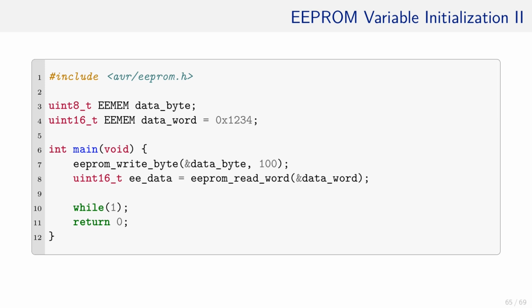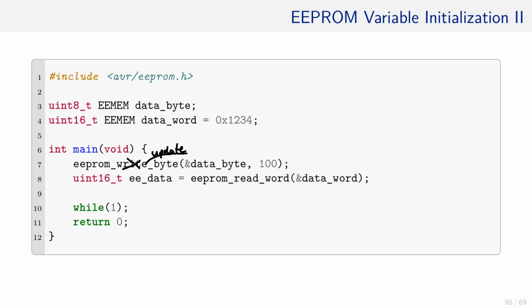The number of write cycles is limited, and 2. It is very slow. Better would be the EEPROM update byte function instead, which at least checks if the data has been written to the address 100 before.